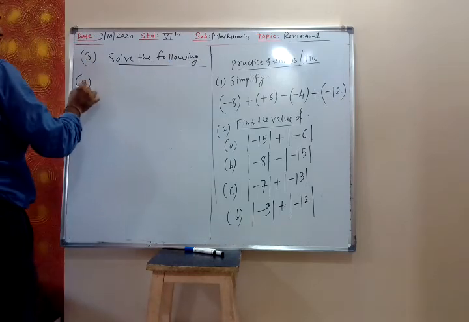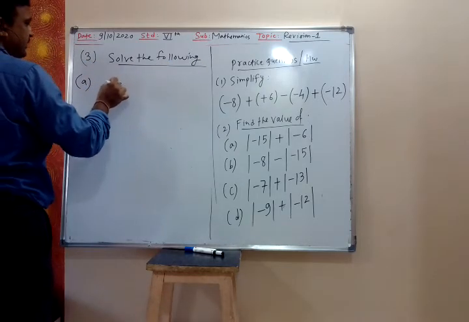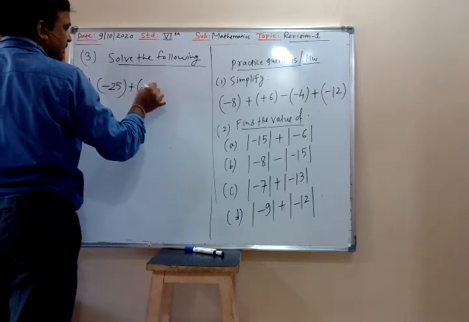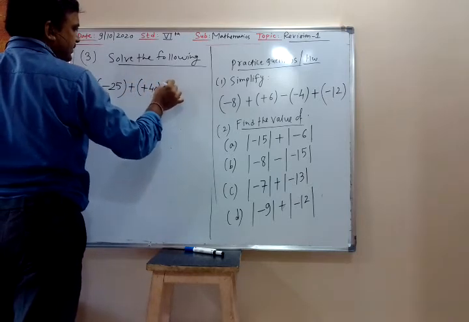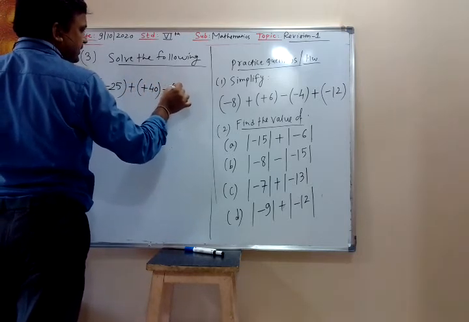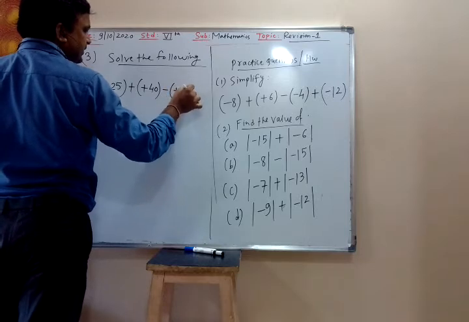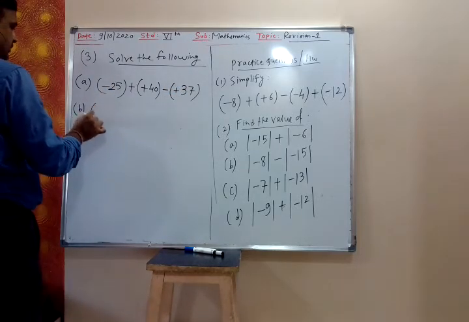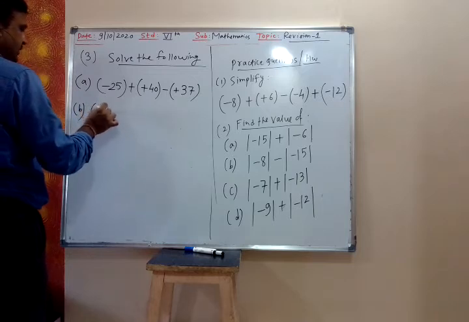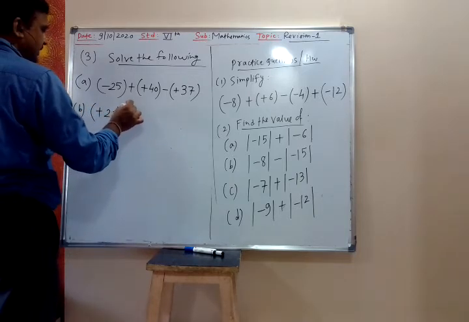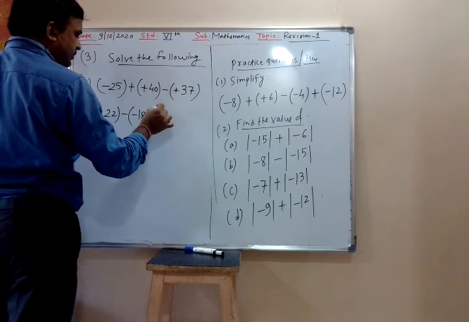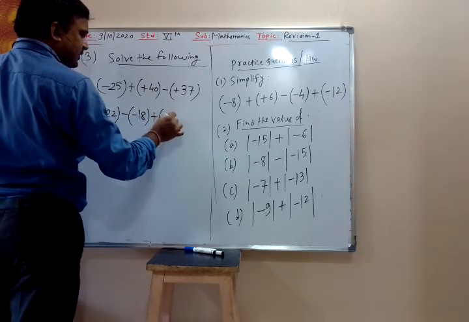A, minus 25 plus 40 plus 40 minus plus 37. B, plus 22 minus 18 plus 52.